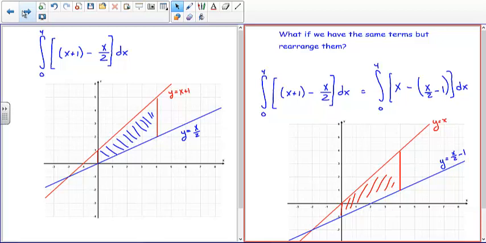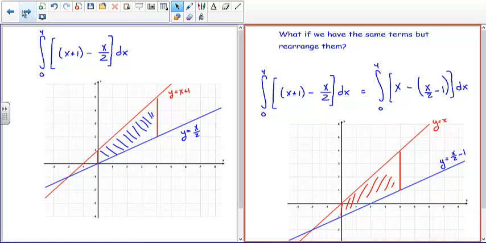And so the first term, x, could be y equals x. That's a function. And the second term would be y equals x over 2 minus 1. And if you plot those two functions, they look like this. And you should get the same answer because all I did was rearrange stuff. It makes sense because the rearrangement basically shifted this whole thing down 1 unit.